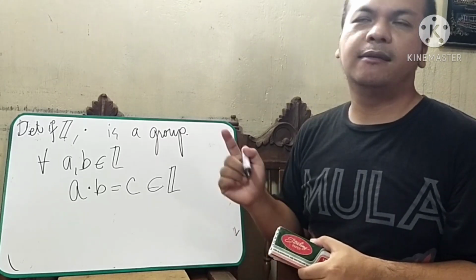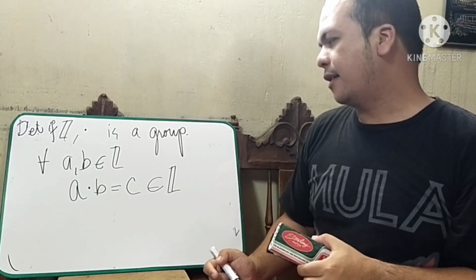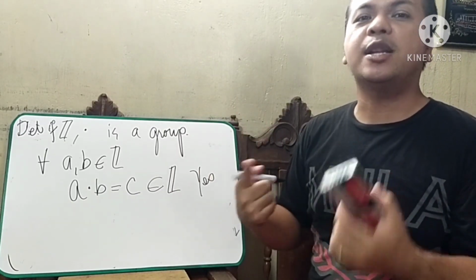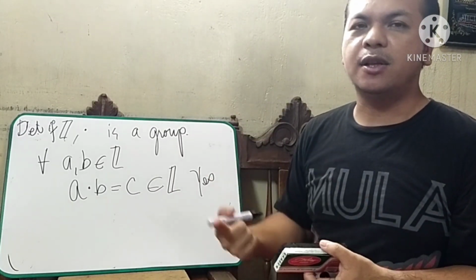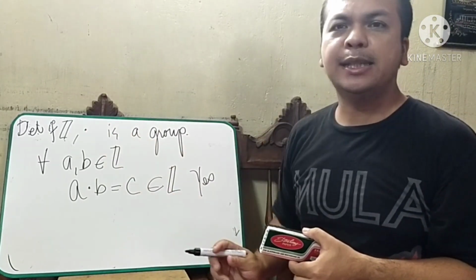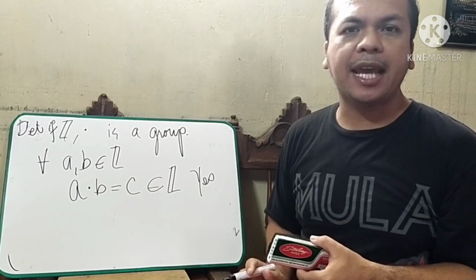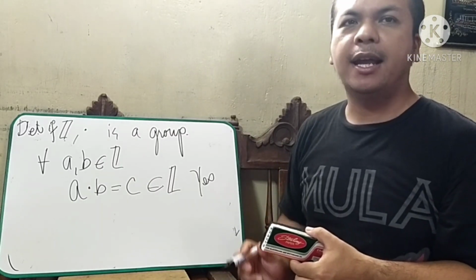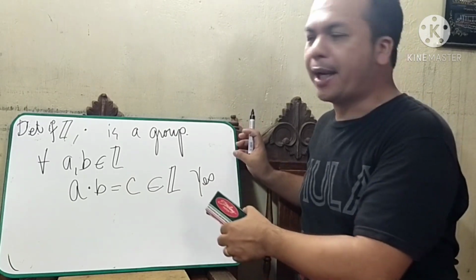Okay, so, of course, yes. The answer is yes. For any two integers, the product is also an integer. Therefore, we can say that this operation here, multiplication, is already a binary operation. So, binary operation na siya.